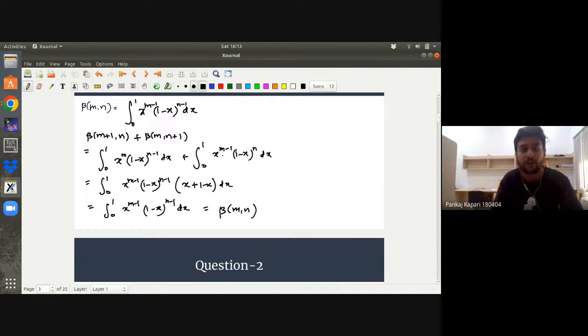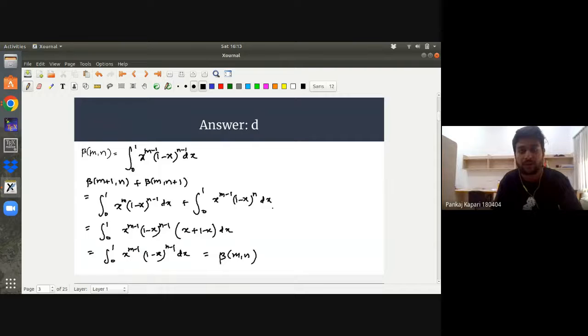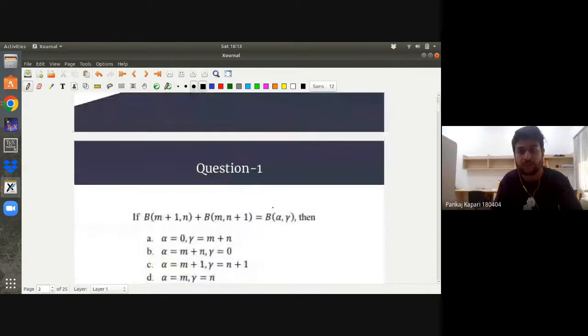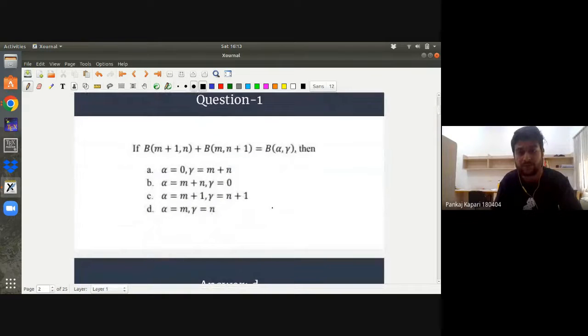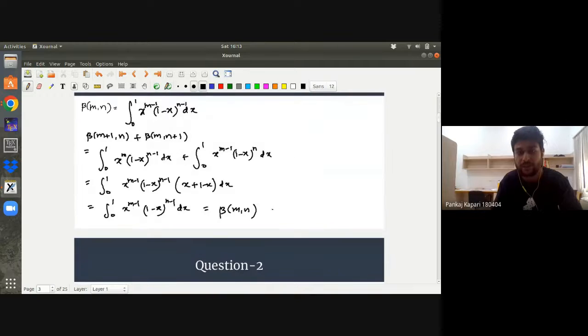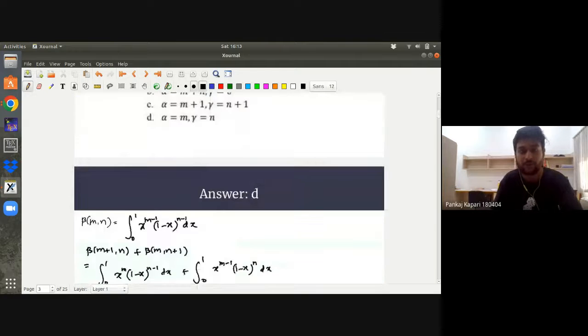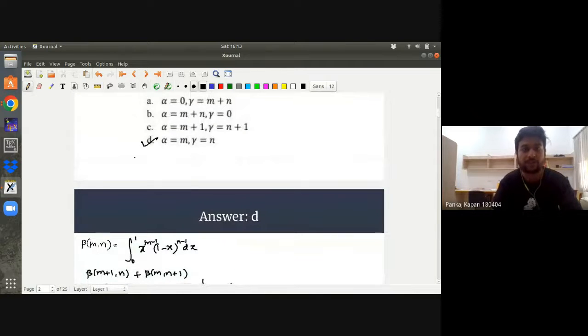Therefore the value of alpha is m and the value of gamma is n. This implies alpha is equal to m and gamma is equal to n. Therefore option D is correct.